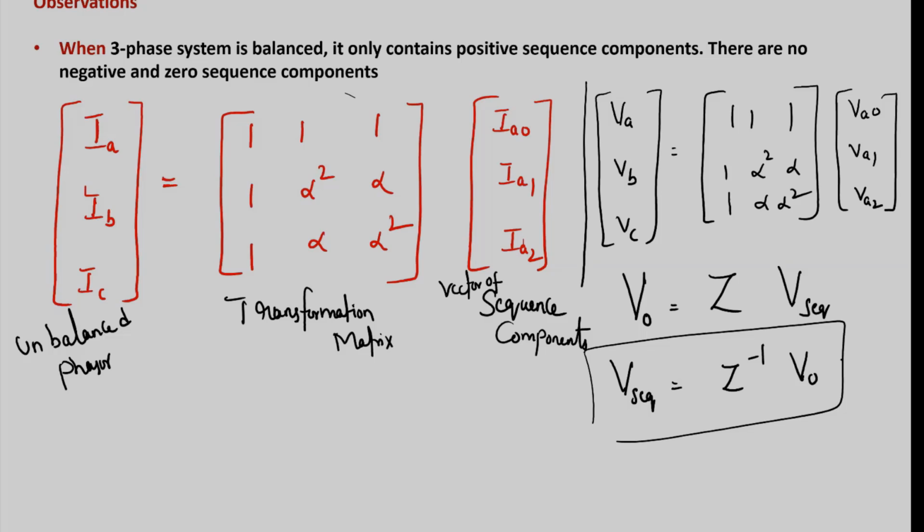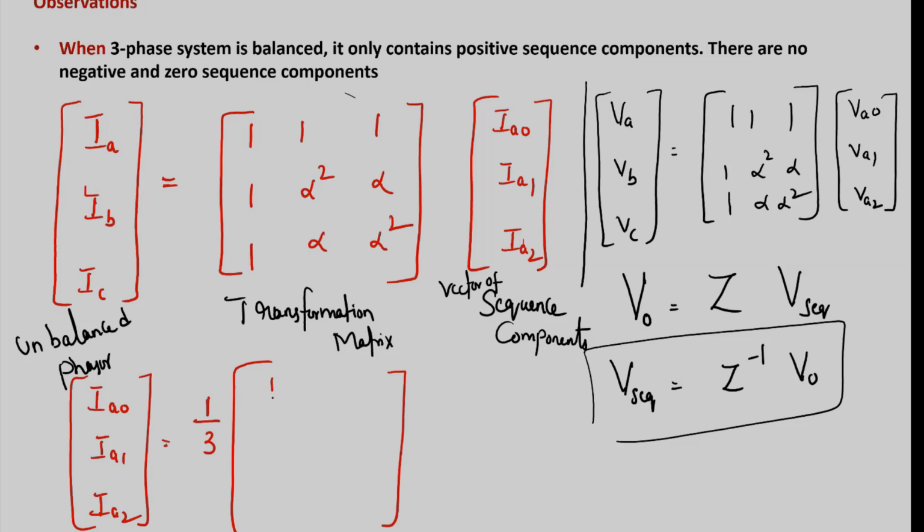If I do this, the inverse of this matrix is very simple. It will become IA0, IA1, IA2 equals 1 by 3, and again the first row is 1, the first column is also 1, 1.